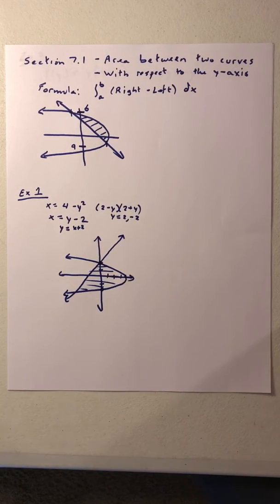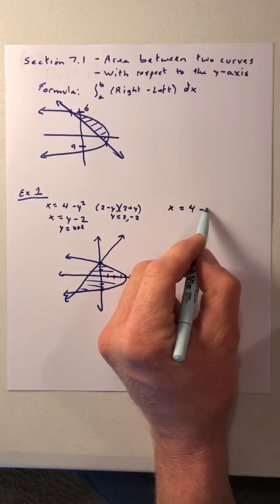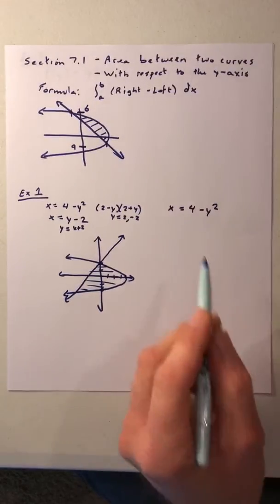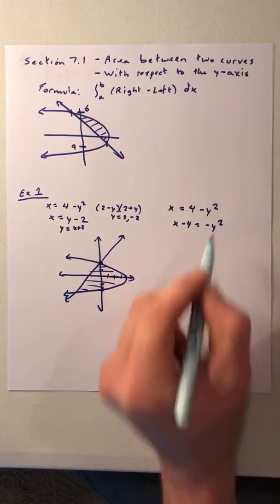Now some of you might say, hey, why can't I just go ahead and solve for y and get those equations into y equals form and integrate it that way? And you can. The problem is, if I take x equals 4 minus y squared and solve for y, I'm going to subtract 4. So I get x minus 4 equals a negative y squared.